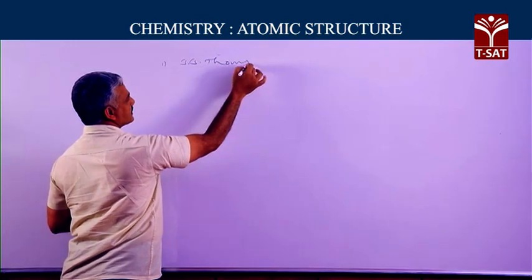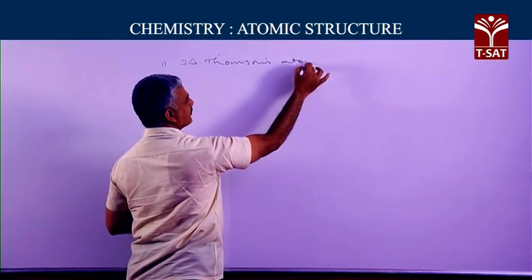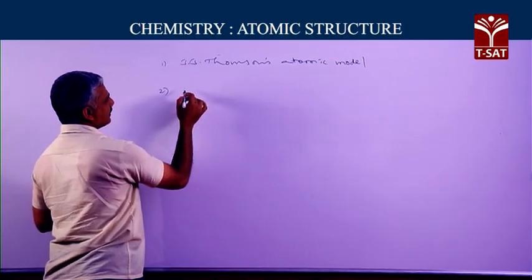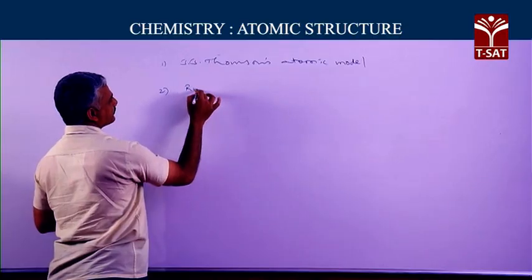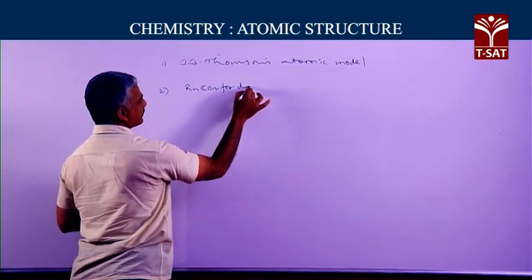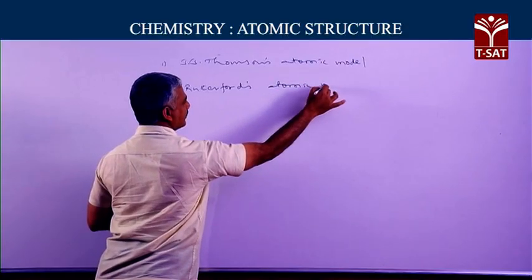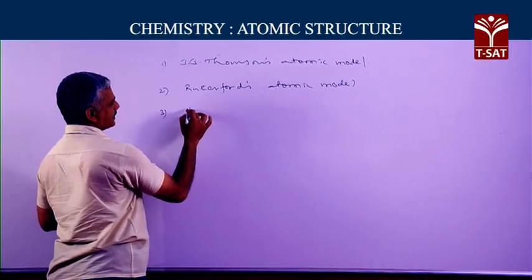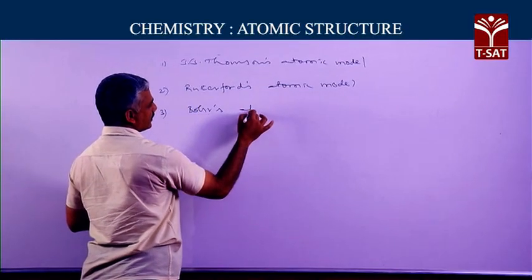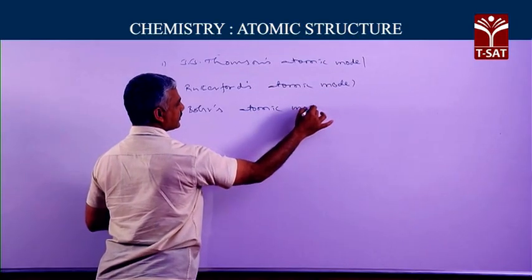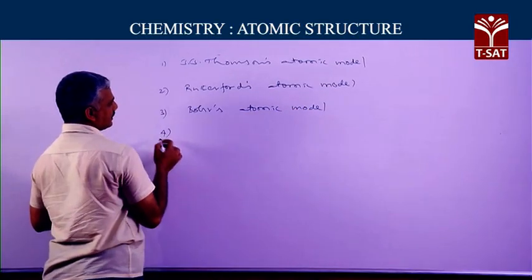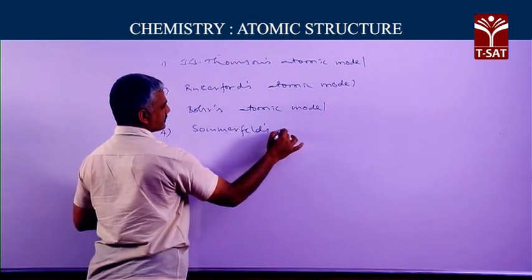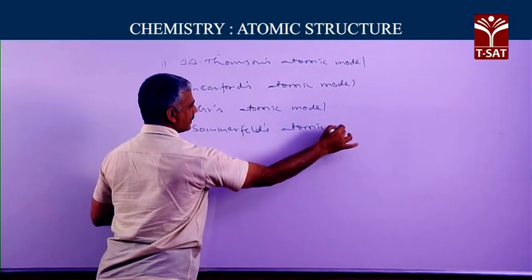J.J. Thomson's atomic model. Next atomic model is called Rutherford's atomic model. An improvement over Rutherford's atomic model is Bohr's atomic model. And then came into picture Sommerfeld's atomic model.